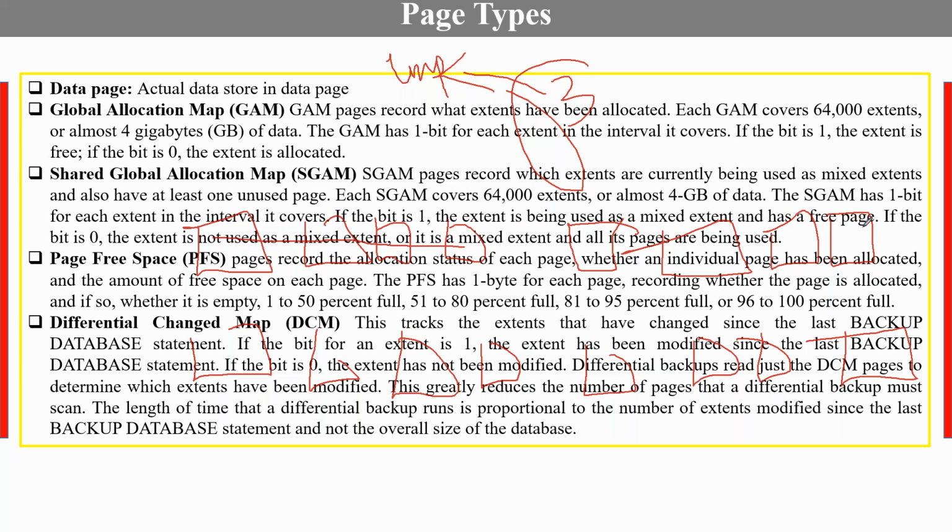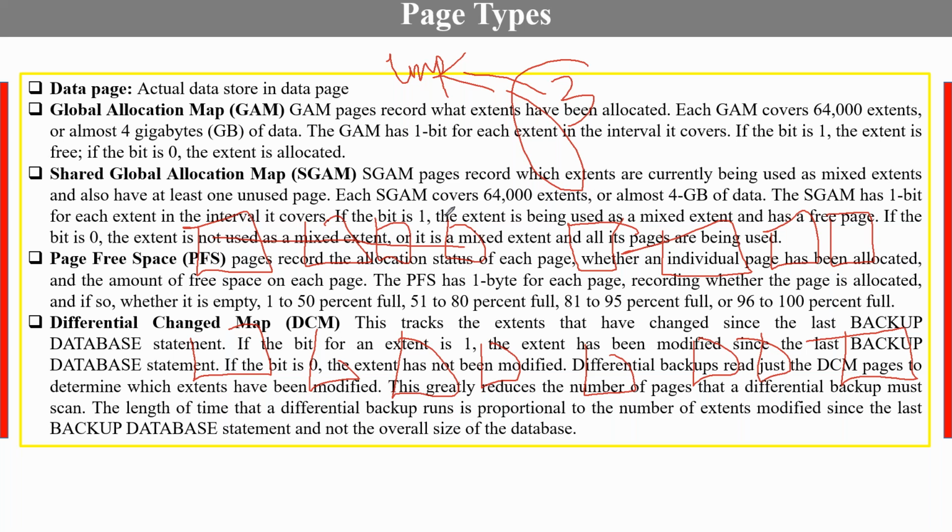The SGAM page records which extents are currently being used as a mixed extent and also have at least one unused page. So it tracks the unused pages along with whether it is a mixed extent or a uniform extent.